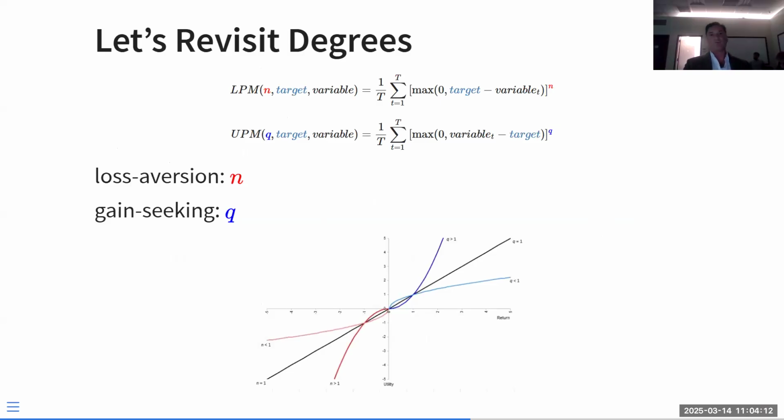It's not good. And so our loss aversion parameter is n in our lower partial moment, and our gain seeking parameter is q. And here are your effects, concave to convex for both losses and gains.